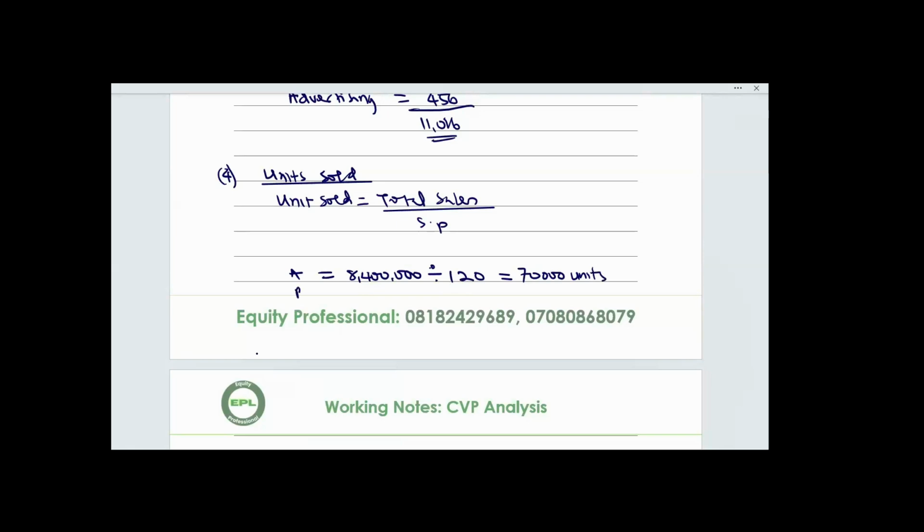Then for product B, total sale is 25,200,000 divided by 180 naira. 25,200,000 divided by 180, we have 140,000 units.